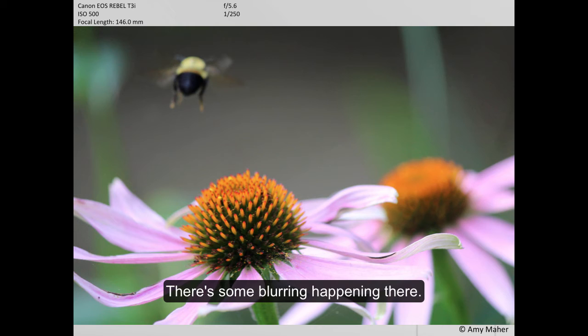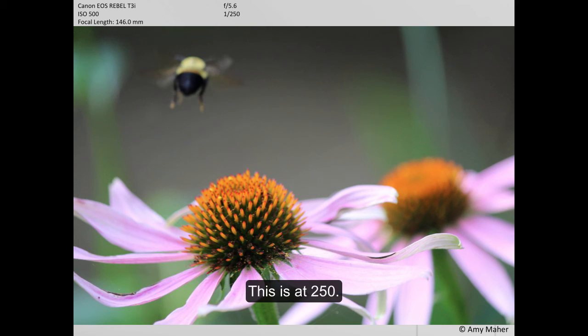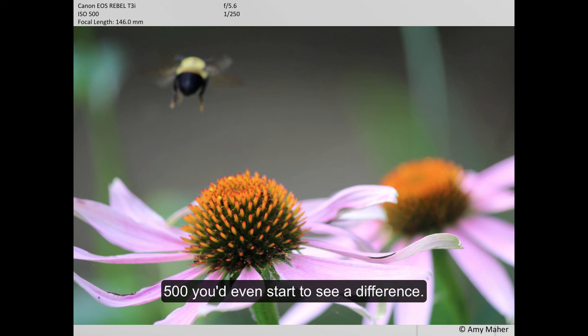There's some blurring happening there. So I did not stop the motion in this case. I need a much faster shutter speed to make that actually stop. We talked about 1,000 being the ideal number. This is at 250. Even if I went up to 500, you'd start to see a difference.